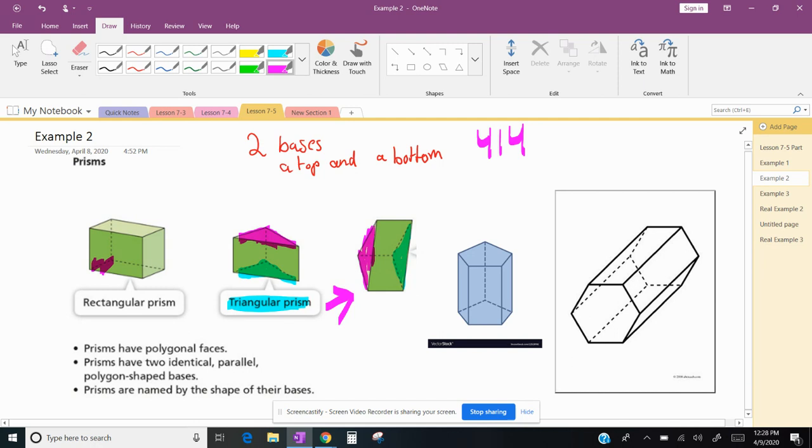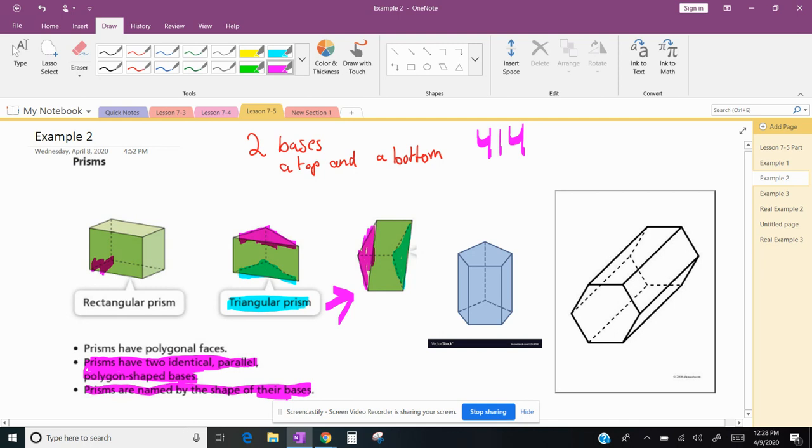So we name polyhedrons based on their bases, okay? So this part down here, they have 2 identical parallel polygon-shaped bases. All right, the bases are the tops and the bottoms. And then prisms are named by the shape of their bases.